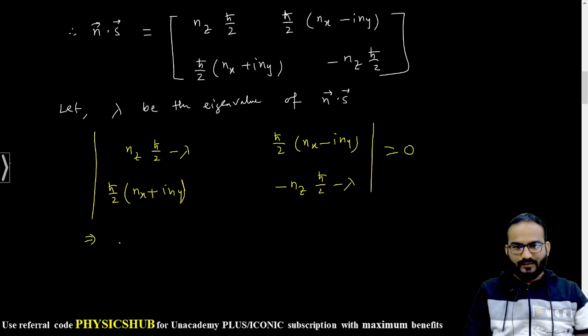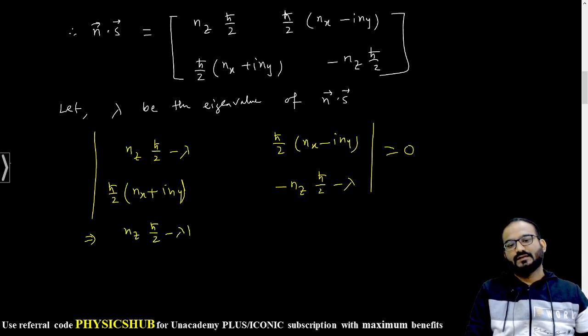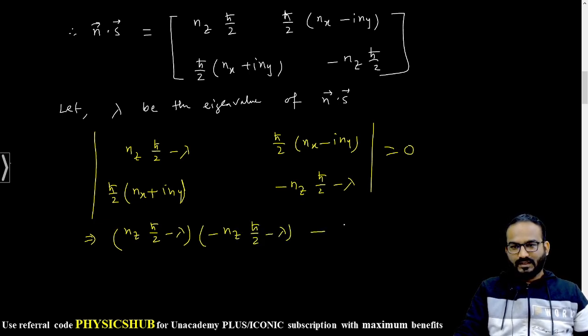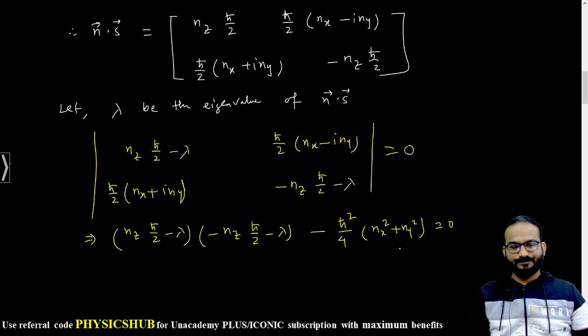Just do a little bit of calculation: nz h cut by 2 minus lambda times minus nz h cut by 2 minus lambda, minus h cut square by 4 times nx square plus ny square, is equal to 0.